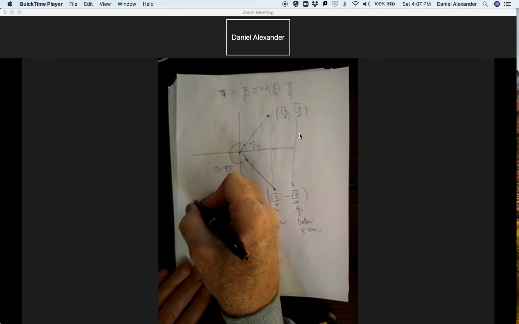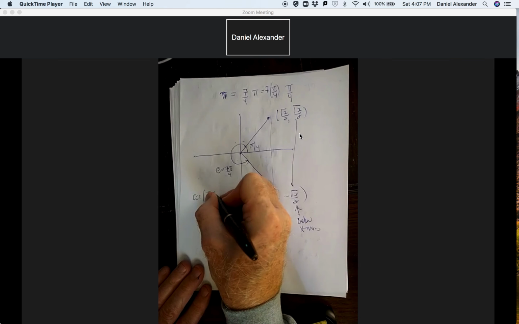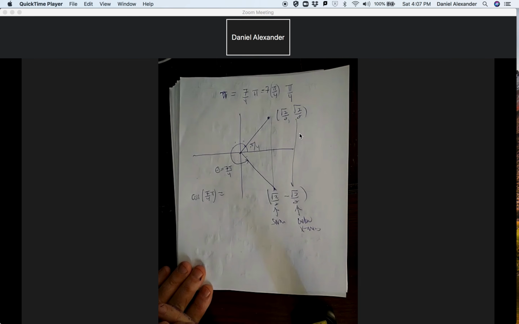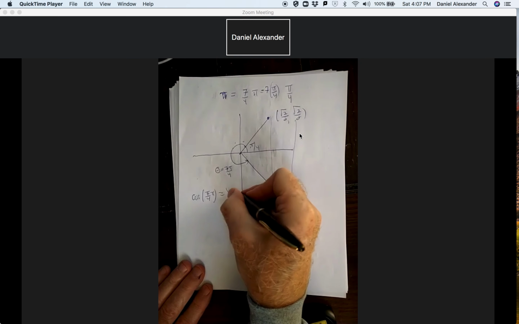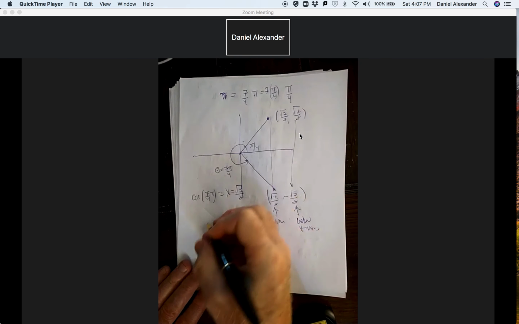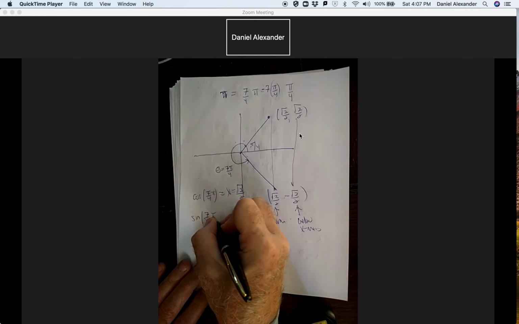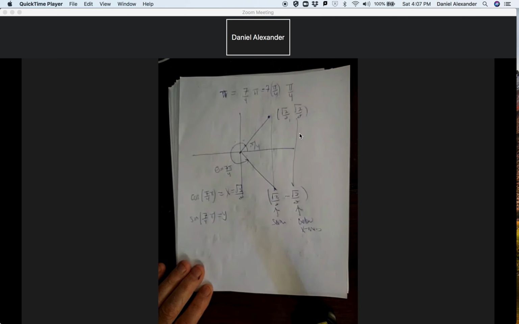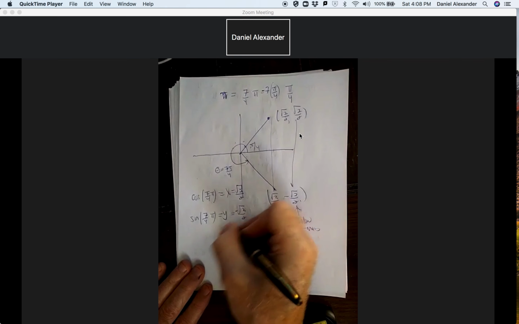So again, cosine of 7/4 pi is going to be equal to x, square root of 2 over 2. The sine of 7/4 pi, that's y. That's this y-coordinate, minus square root of 2 over 2.